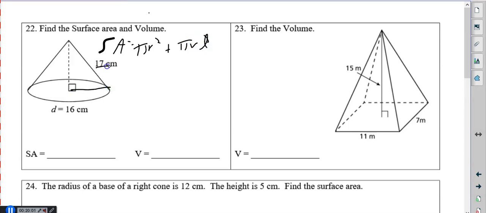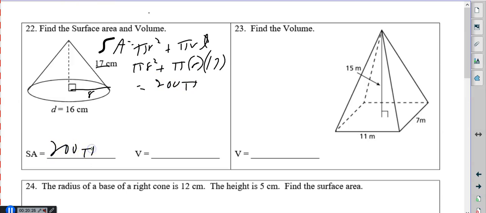Remember, L is the slant height, 17. So that's pi times 8 squared, because the diameter is 16, so the radius is 8, plus pi times 8 times 17. So that works out to be 200 pi square centimeters.